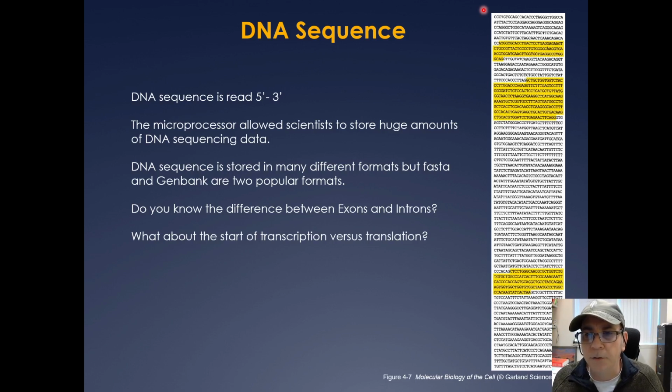On the 5' end, there's a 5' UTR, and on the 3' end, there's a 3' UTR. And UTR stands for untranslated region. Okay, so the transcript is bigger than what is actually translated. And you guys will see this when we cover transcription and translation in upcoming lectures.